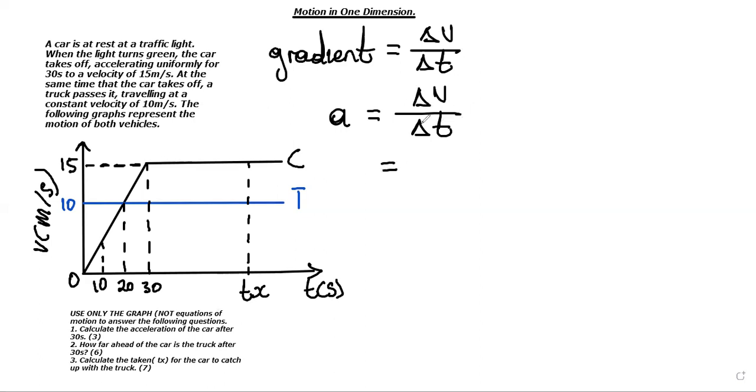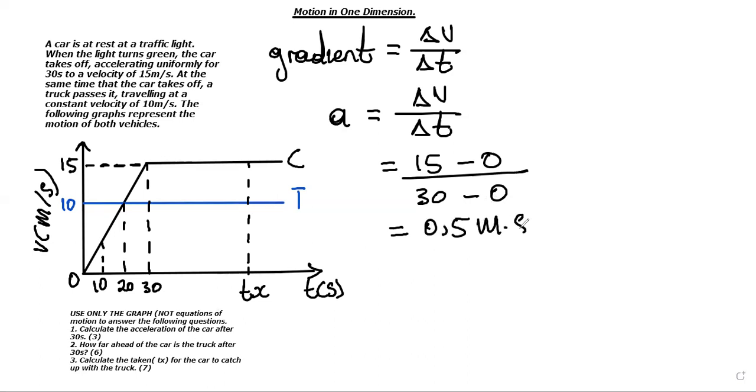So you say the final velocity will be 15, initial velocity is 0, the final time is 30 seconds, the initial time is 0. Now, if you press your calculator, you realize that the acceleration is 0.5 meters per second squared.